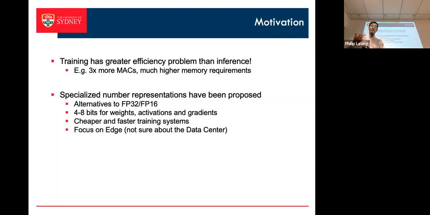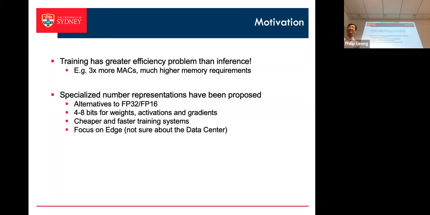People have proposed specialized arithmetic schemes as alternatives to FP32 and FP16. Actually, in IEEE language, these should be called binary32 and binary16. That's the official term for it.